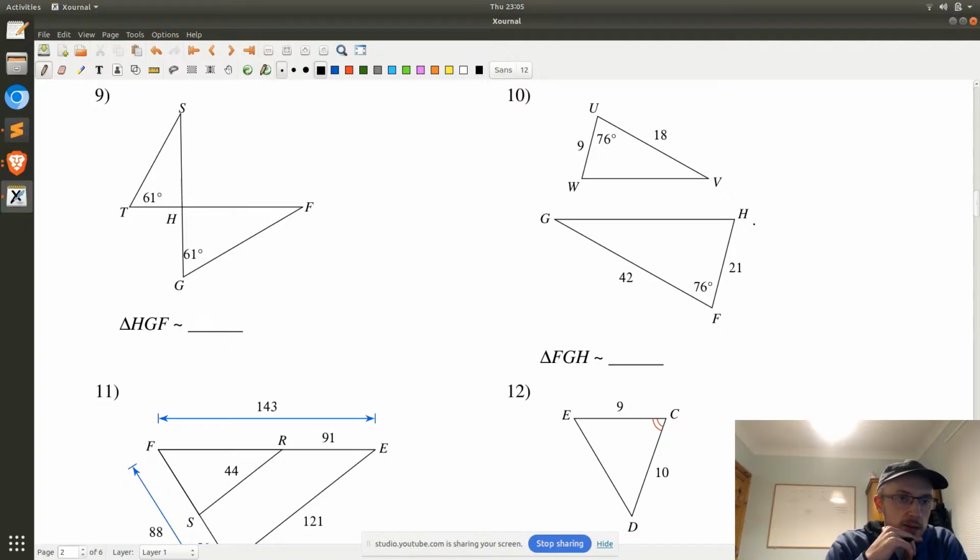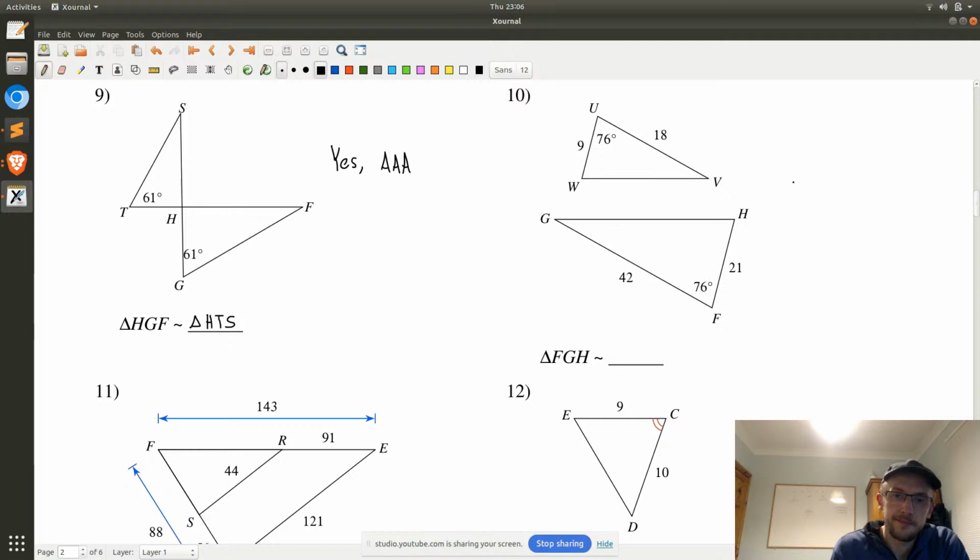Triangle HGF. Consider that. Well, yes. By angle. But we don't know the scaling factor, but that's fine. And so triangle HGF is congruent to triangle HTS. Here, well, they have the 76 degrees in common. Anyway, 9 to 21, is that 18 to 42?